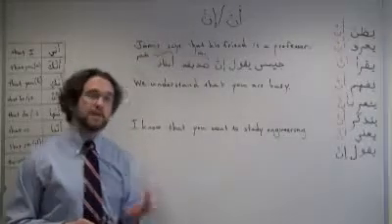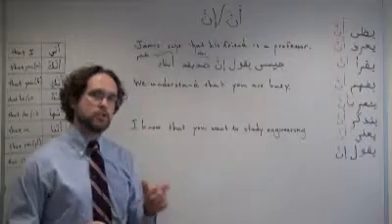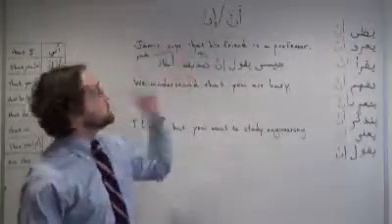Now, what if we want to use a pronoun? In that case, we still need that jumla ismiya, that nominal sentence, and what we need to do is attach a suffix to anna or inna.